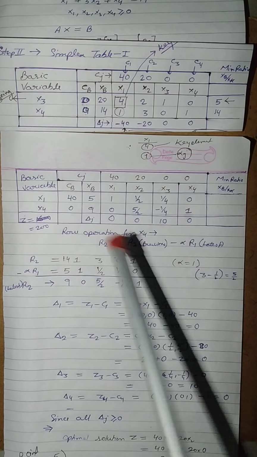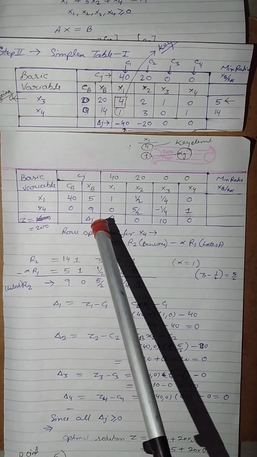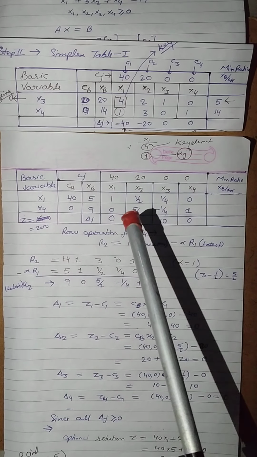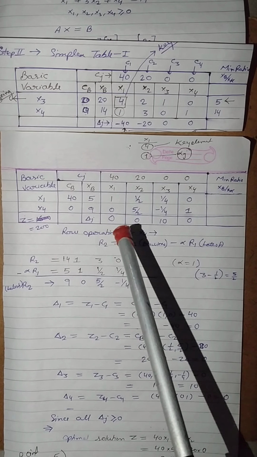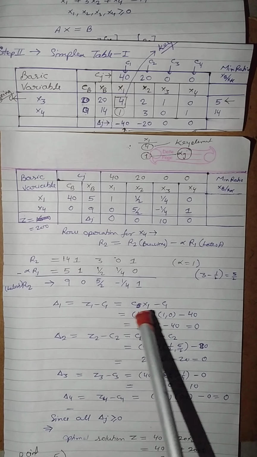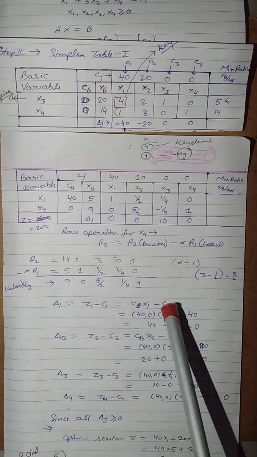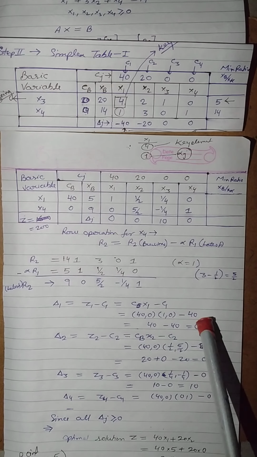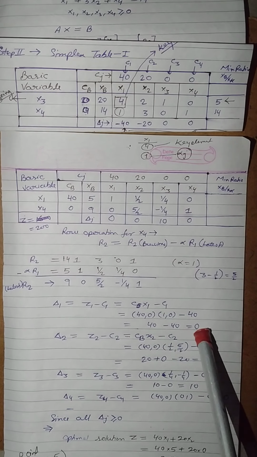Again, for finding delta j, we use the procedure delta j equals zj minus cj. Delta 1 is z1 minus c1, where z1 is cb times x1, cb is 40 and 0, and x1 is 1, 0, minus 40, which is equal to 0.